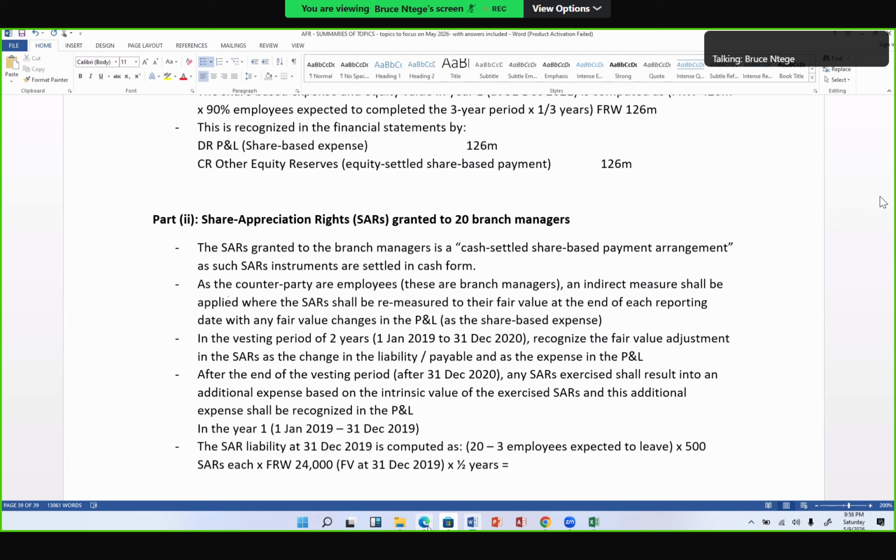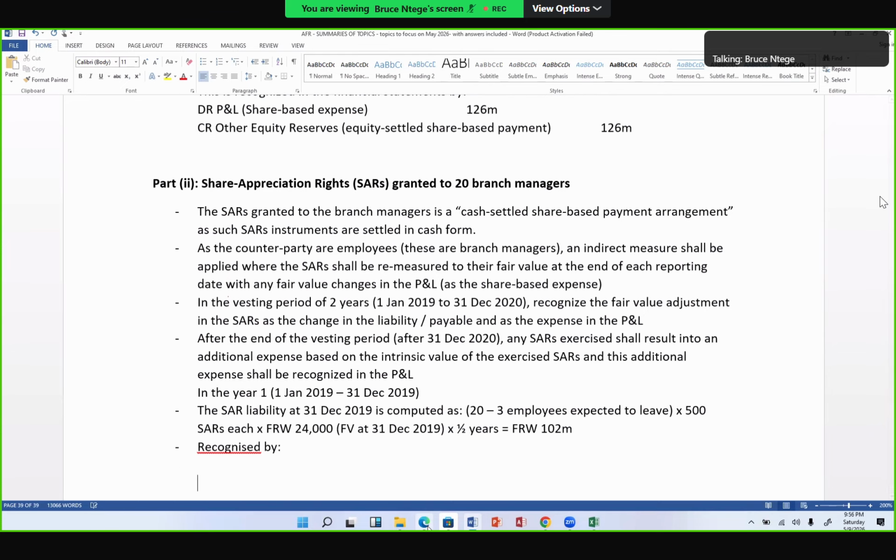Having computed it, the liability is recognized by a credit, the payable, of 102 million.